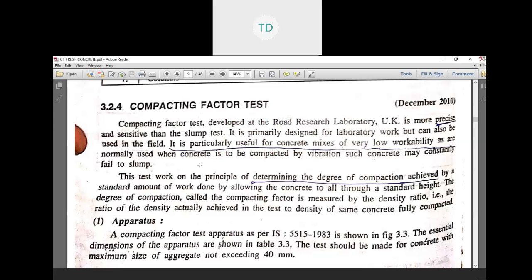It is particularly useful for concrete mixes of very low workability, as are normally used when concrete is to be compacted by vibration. Such concrete may constantly fail to slump.